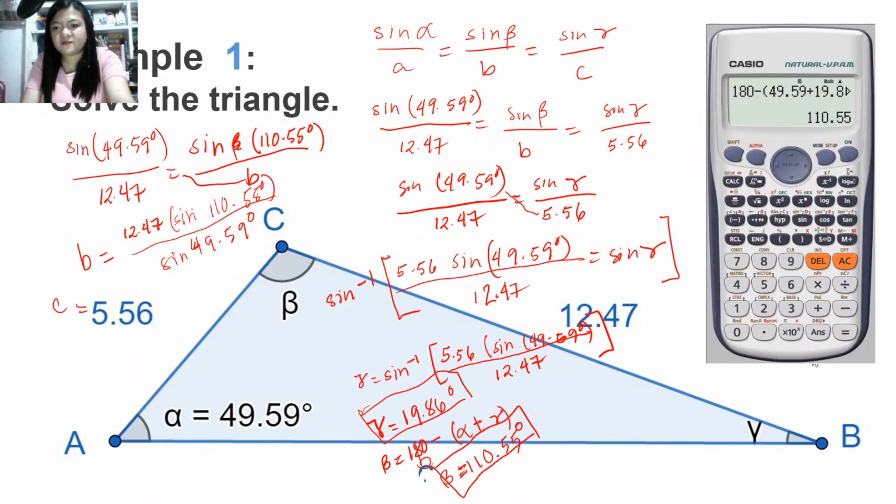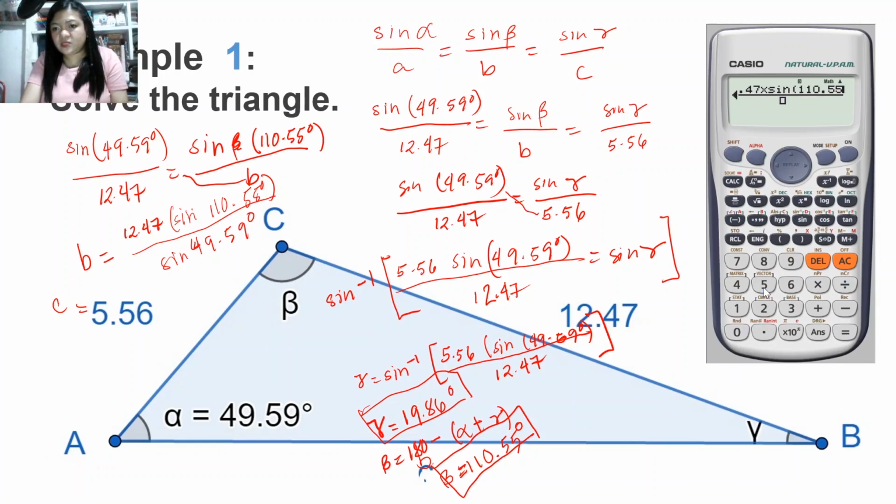Again, with our scientific calculator, we can solve for the length of B by dividing the product of 12.47 and sine 110.55.